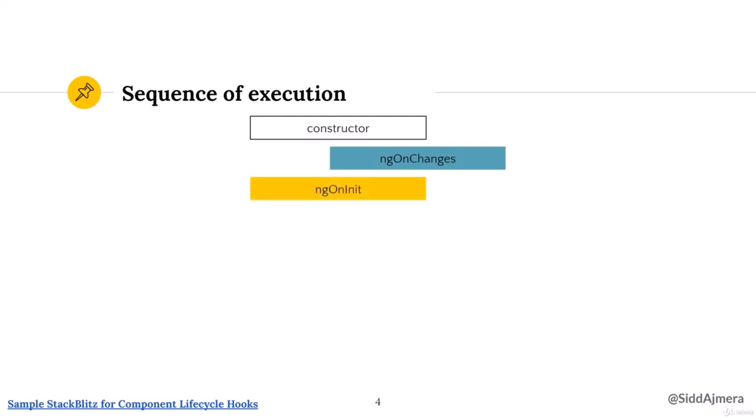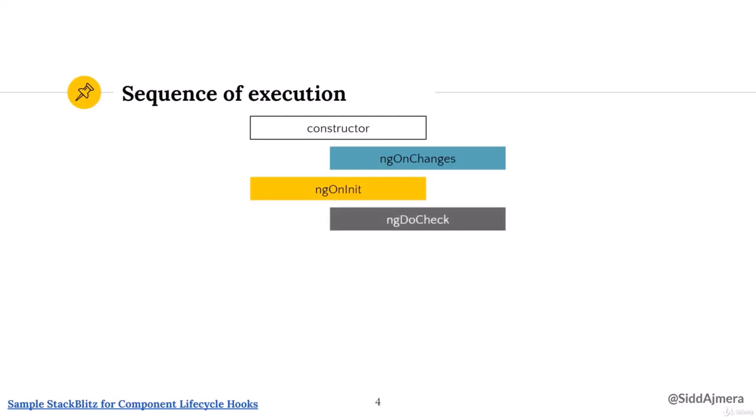After that, ngOnInit gets called. As you can see, in both of these lifecycle hooks, the methods that get called are prefixed with the ng keyword, and then after that is the name of the interface that implements the lifecycle hook. So OnChanges is the name of the interface that implements the OnChanges lifecycle hook, and the method that gets called when that specific key life moment occurs is ngOnChanges. And so is the case with ngOnInit.